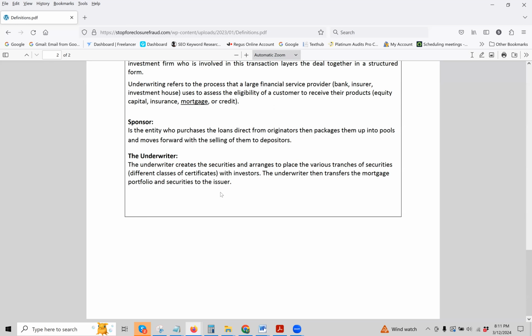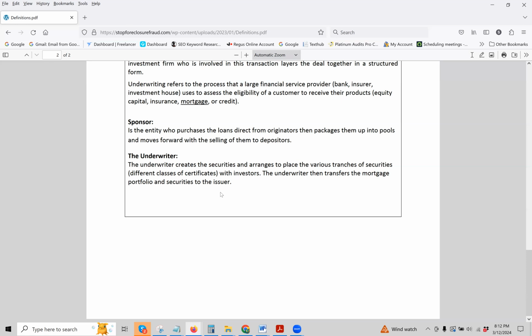So the first tranche 1A could have one CUSIP. The second tranche 2-B could have its own CUSIP. The third tranche 3-C could have its own CUSIP number, and the fourth tranche 4-D could have its own CUSIP. So you have four separate minor CUSIPs identifying sections of that database.